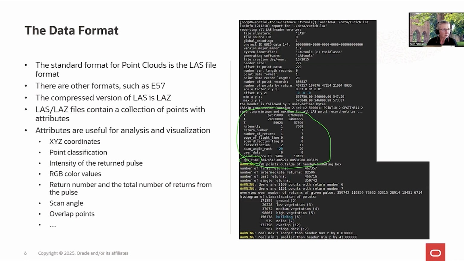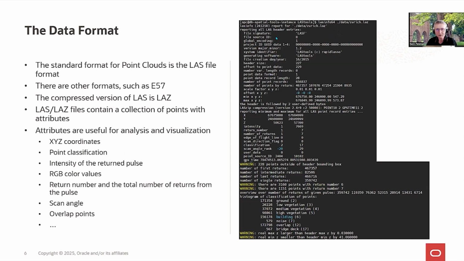So let me clear the drawing here and go back. Okay. So what you can see here on the right side, I will explain in a little more detail which tool I've used to create this output.